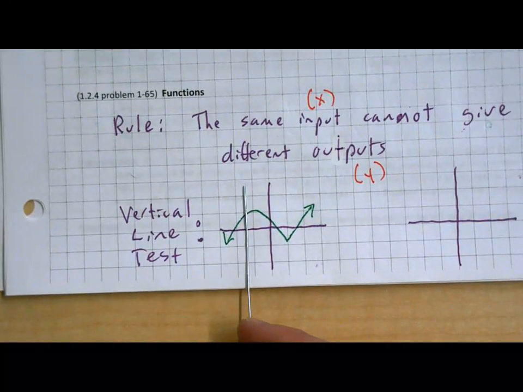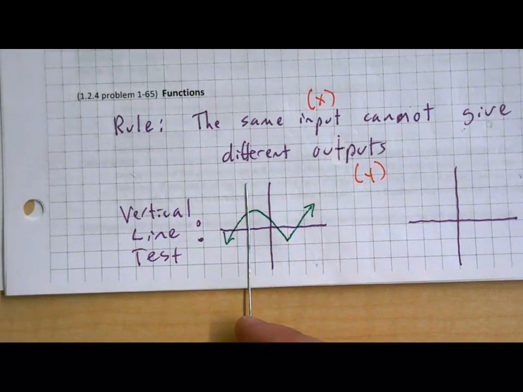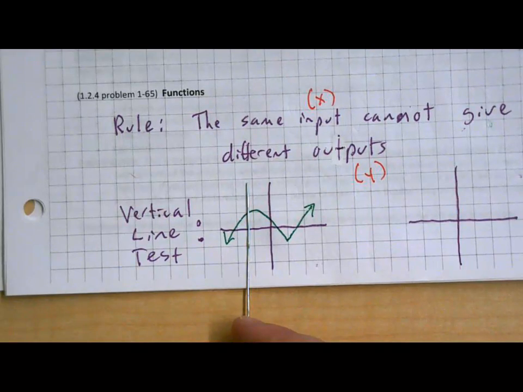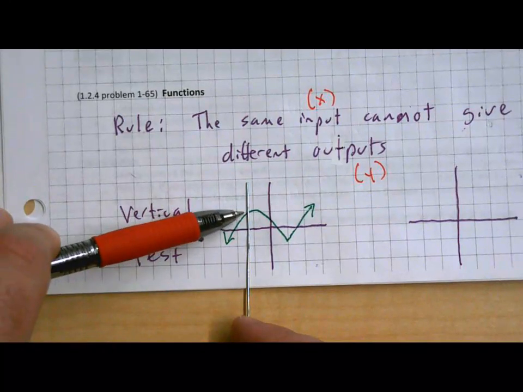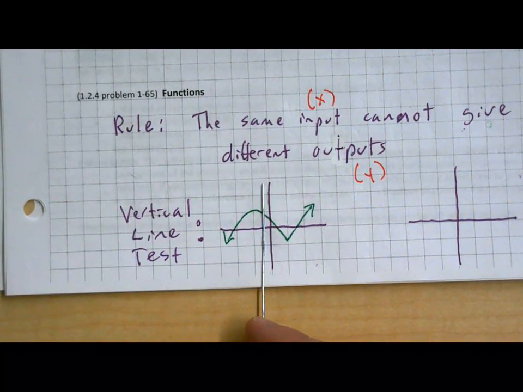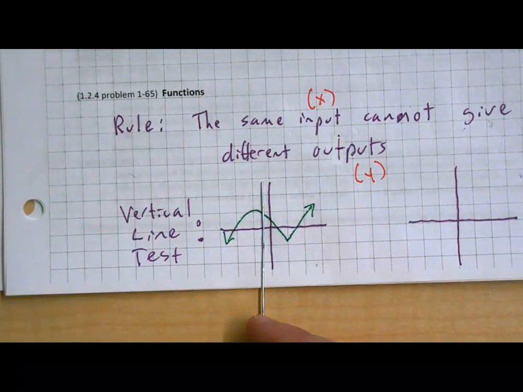Right here where my vertical line is, how many places is that vertical line intersecting with my function? I see it crossing the function one place. Do you see the place where those two things are crossing right there?